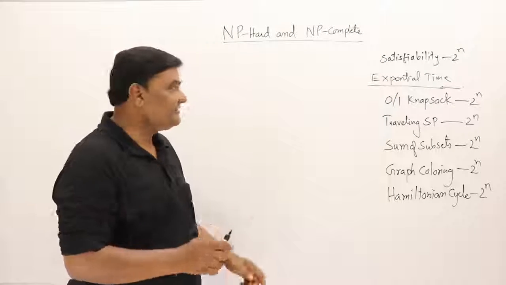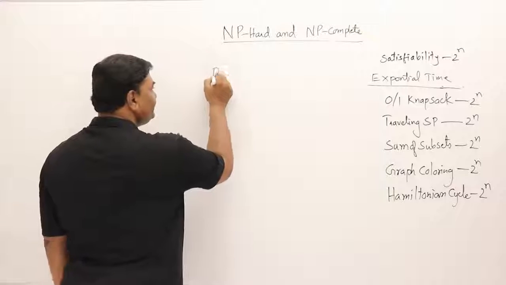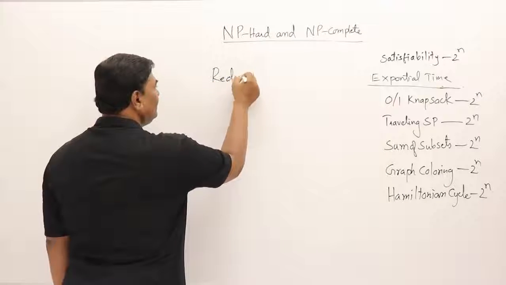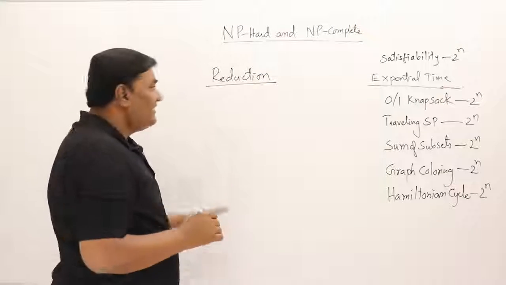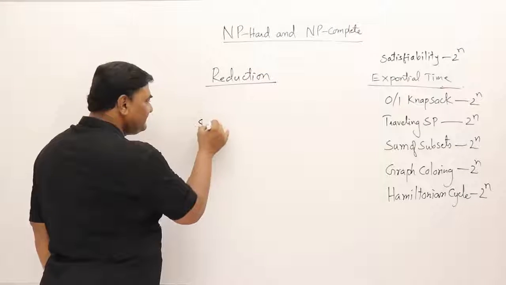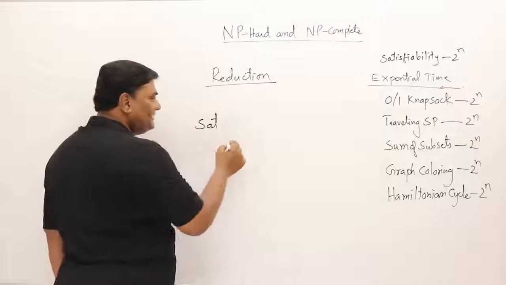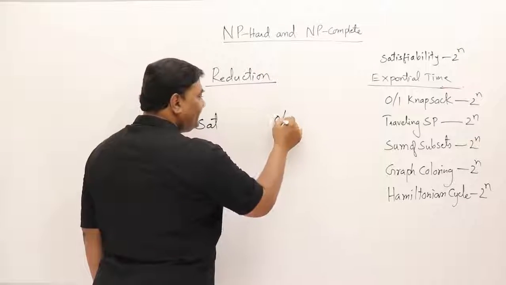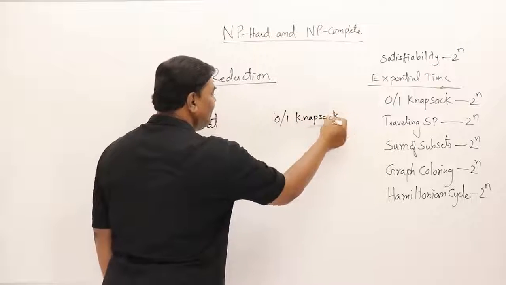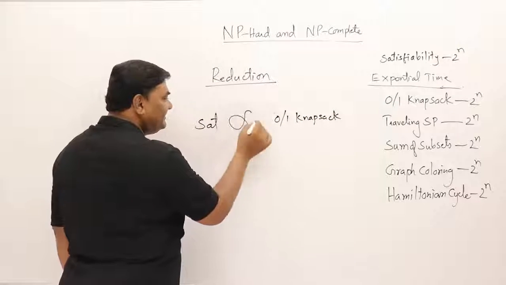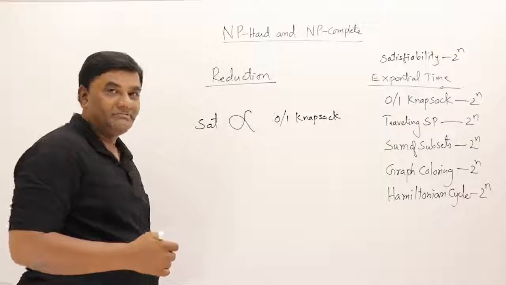Now how to show the relationship? The procedure is reduction. So what is this reduction? Let us say, for example, we take the satisfiability problem, and we take one of the problems, for example the 0-1 knapsack problem, and we say that satisfiability reduces to the 0-1 knapsack problem.